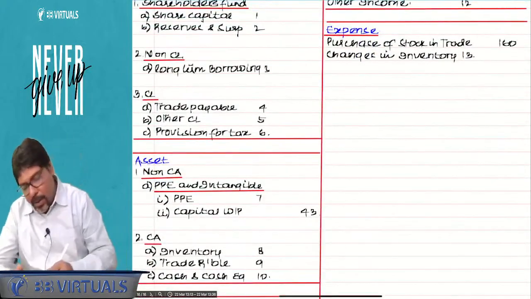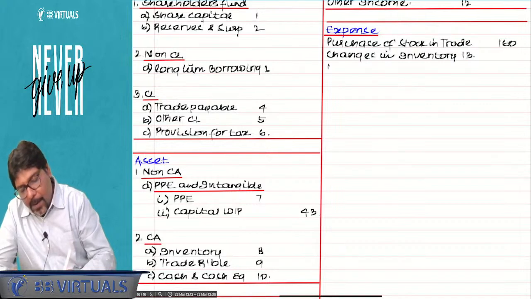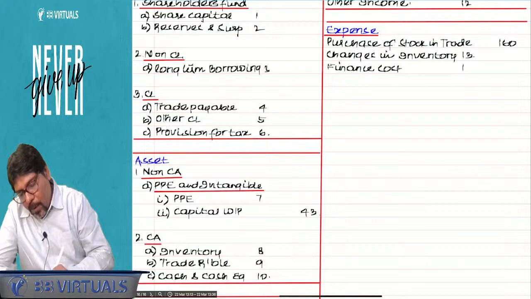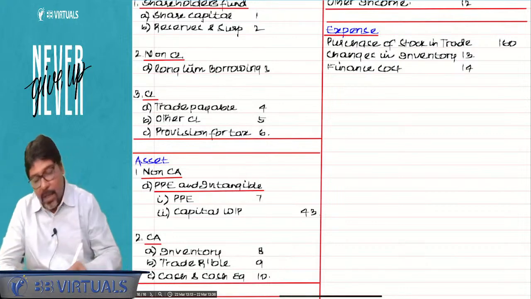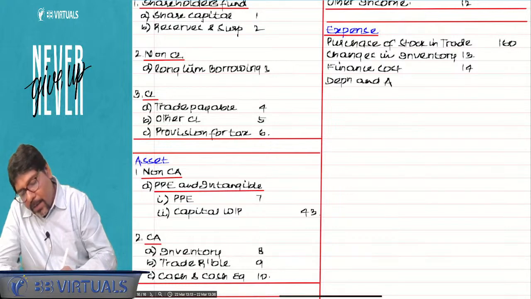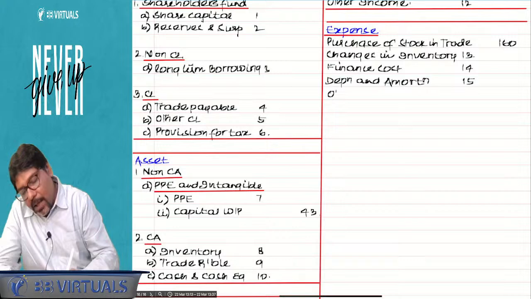Then finance cost. Debenture interest is there, no? Yes. Then depreciation and amortization, 15. Then other expenses.